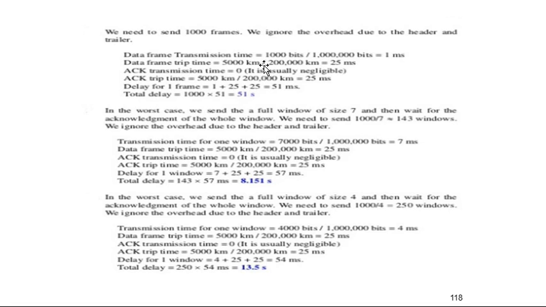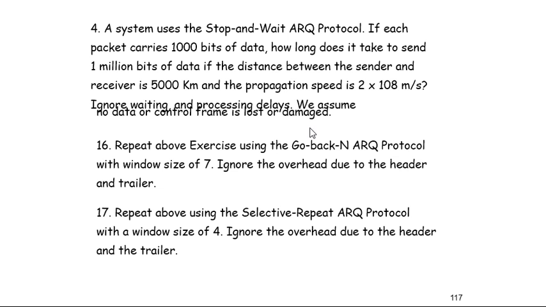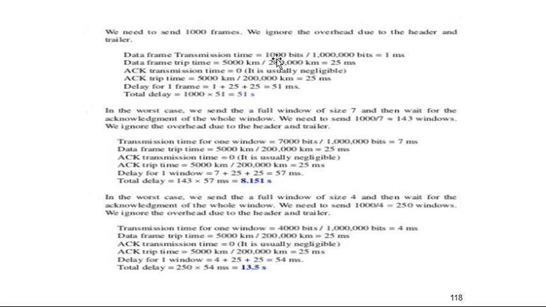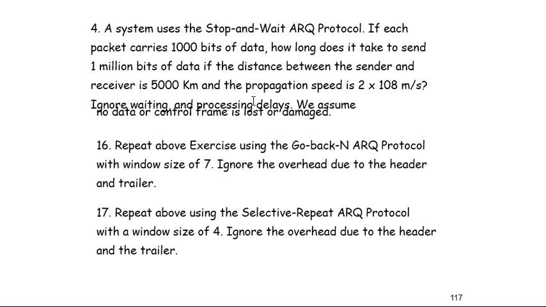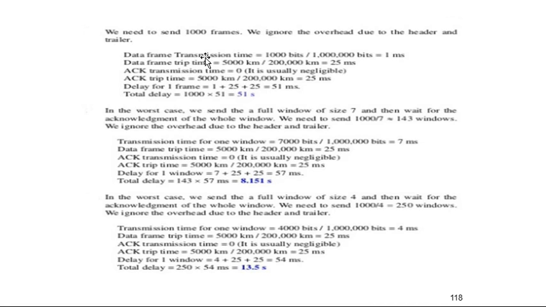Data transmission time is 1000 bits by this. So for sending 1 million bits, total transmission time would be 1000 bits by 10 to the power 6 bits, which is 1 millisecond. And what is one RTT? For 1 RTT, propagation delay is distance upon speed. So propagation time is 5000 km by 20,000, which is 25 millisecond.